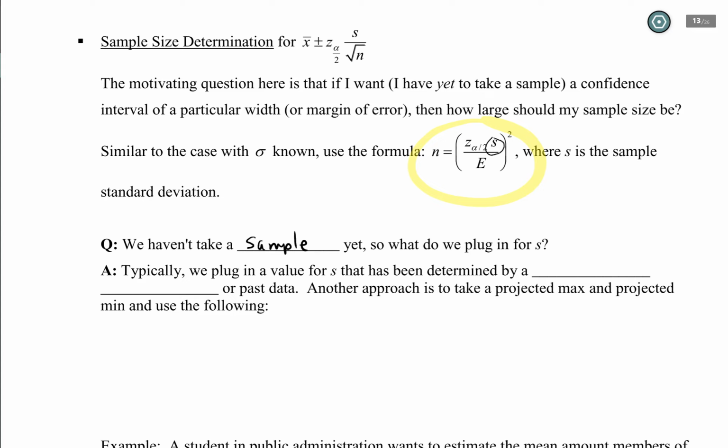We have yet to take a sample, so we don't have a sample standard deviation. Well, typically what's done is you plug in a value for S that has been determined by a pilot study, that is a smaller study before the main study. Or maybe you use past data to get a sense of what S would be.